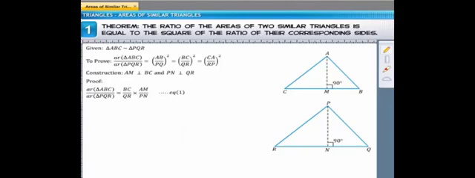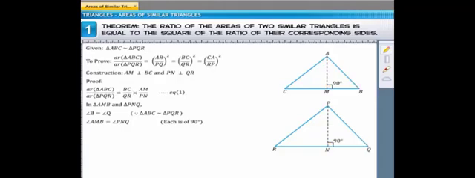Now, let's consider the triangle ABM and triangle PQN. Angle B is equal to angle Q, as they are corresponding angles of similar triangles ABC and PQR. Angle AMB is equal to angle PNQ, as both angles measure 90 degrees.